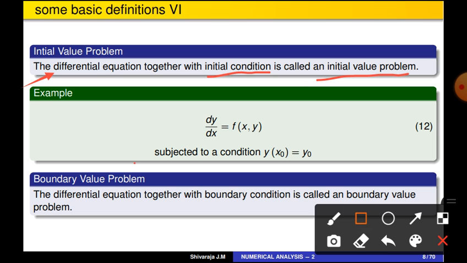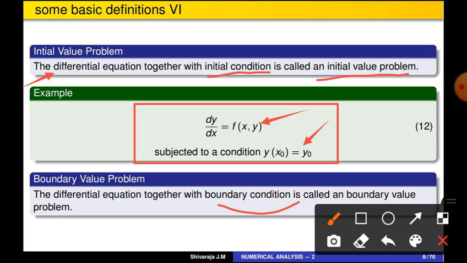This is an example of an initial value problem: dy by dx equals f of x comma y. This is the problem, and along with the problem there is one condition, y of x naught equals y naught. So this is called an initial value problem. Similarly, a boundary value problem is a differential equation together with boundary conditions.